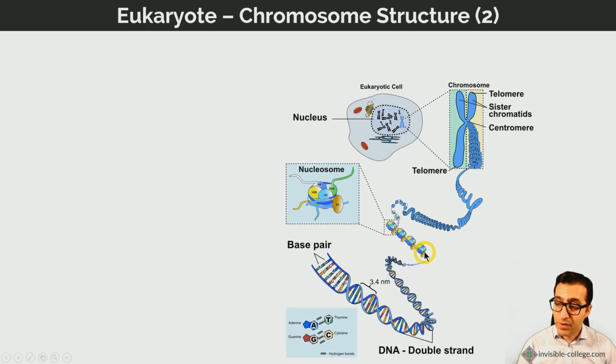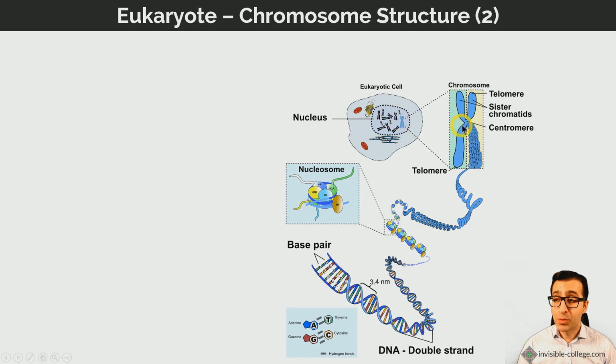But then this arrangement is then coiled, and then coiled further, and then coiled even further, until we form these structures called chromosomes. So a chromosome is a structure into which the DNA is packaged, and normally you only really see these shapes of chromosomes shortly before cell division begins.